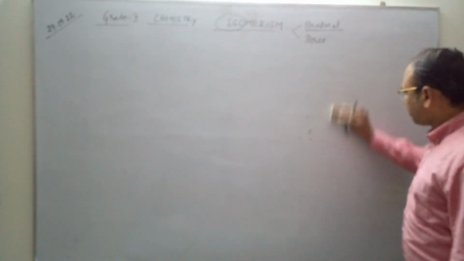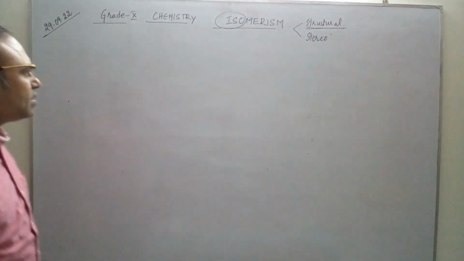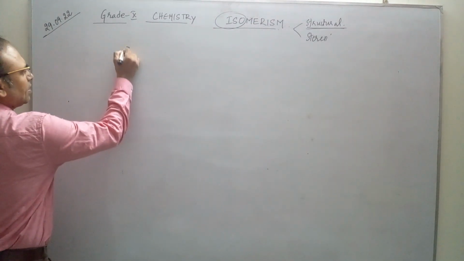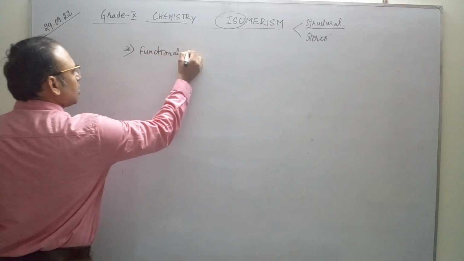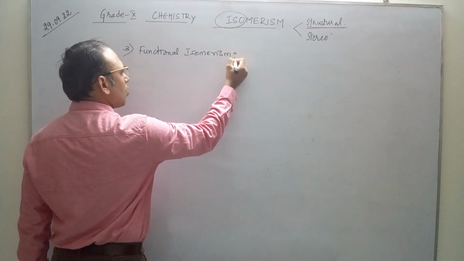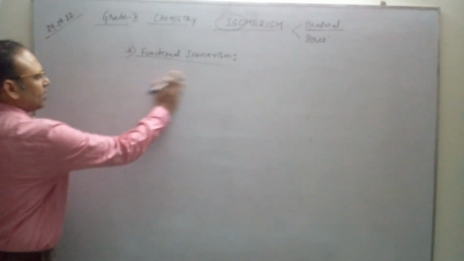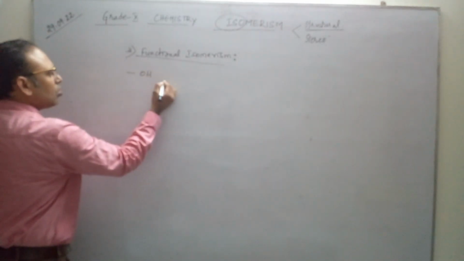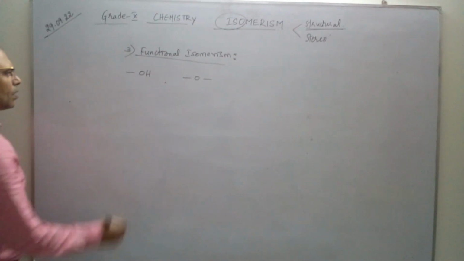Next one, either you can take metamerism or functional isomers, anything is fine. Let us take functional isomerism. Already we discussed the functional group is different. For example, if you have alcohol in one isomer, the other isomer should have ether.